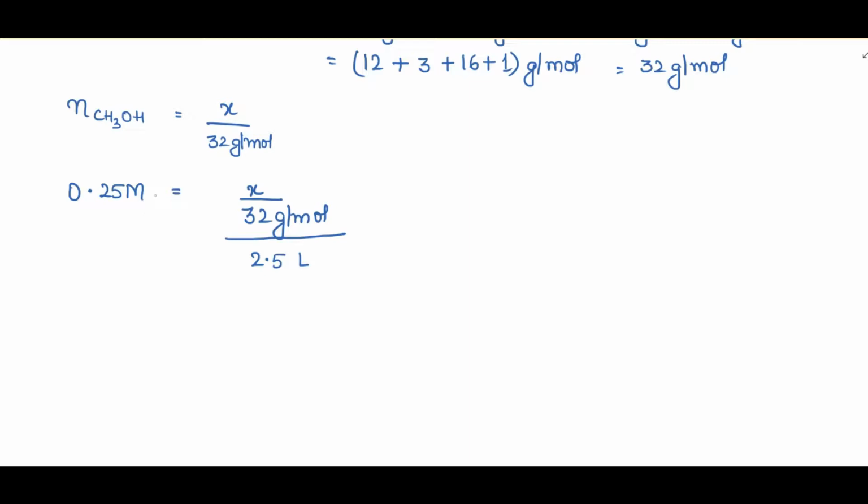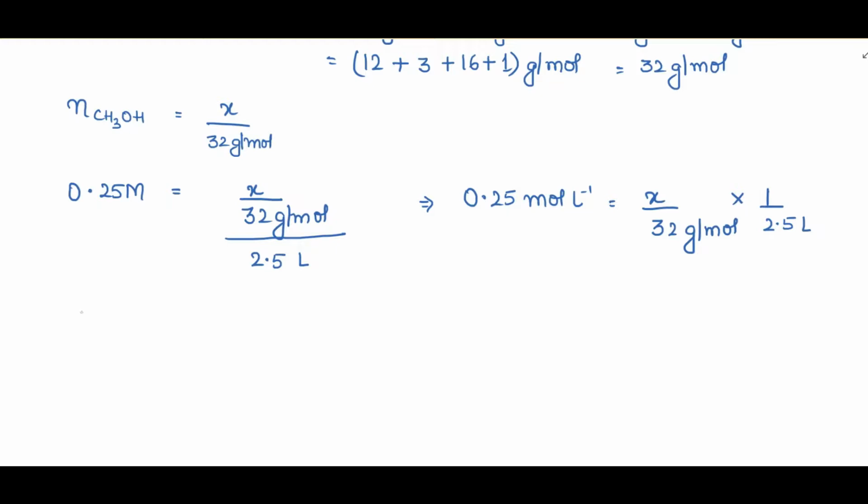Now this molar can also be written as mole liter inverse. So 0.25 mole liter inverse equal to X by 32 gram per mole into 1 by 2.5 liter, right?